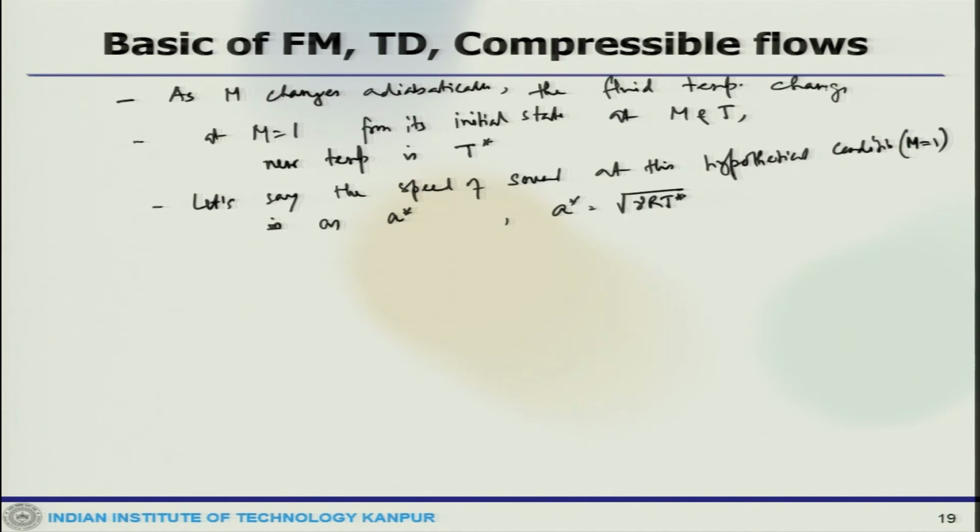Now, one can note here that for any flow with Mach number M and temperature T, we can associate values of T star and a star.